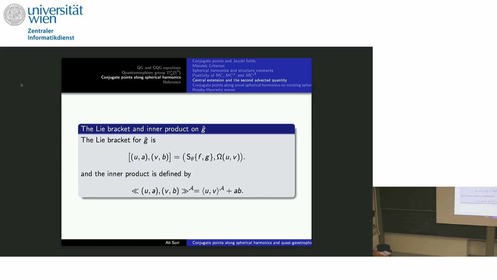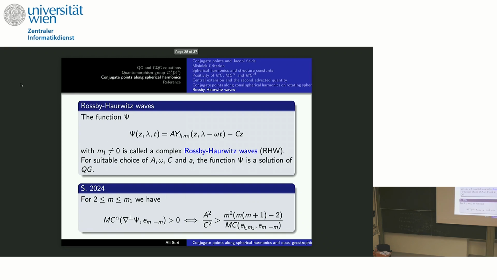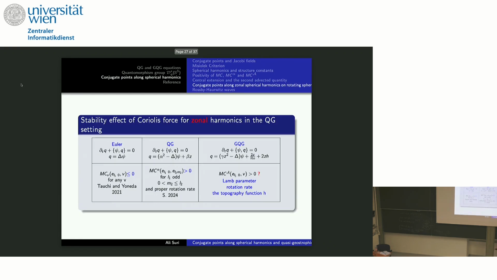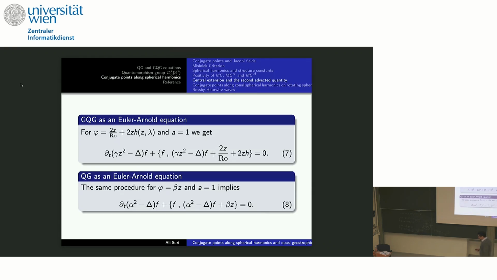We end up using that Riemannian submersion in this new setting. We end up with the quasi-geostrophic equations and global quasi-geostrophic equations as geodesic equations.